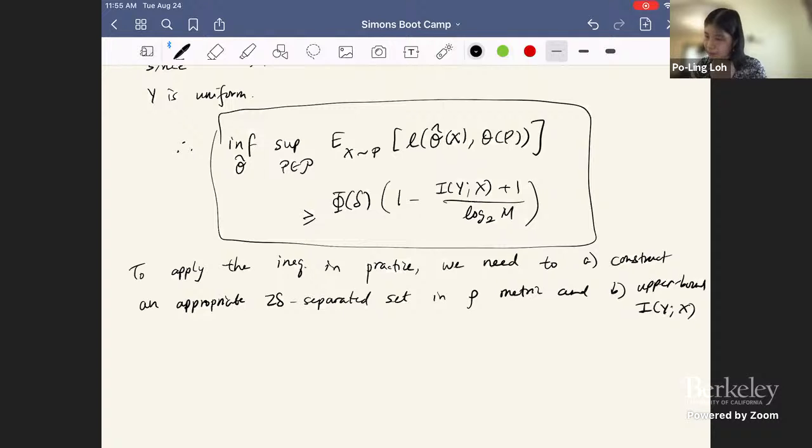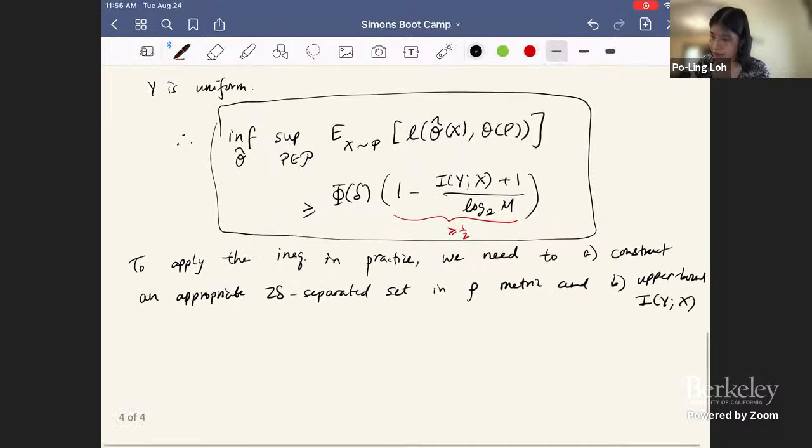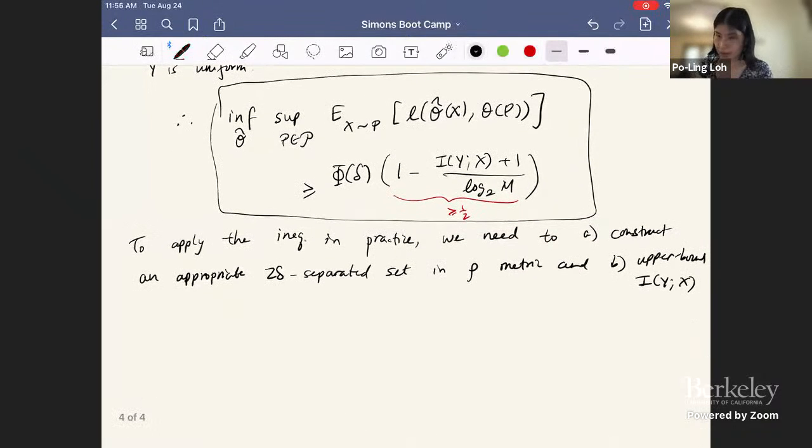So I'll say that at least in most of the applications, what you do is you try to lower bound this whole quantity here by 1/2, so that the rate that falls out is of the order of phi of delta. So if you want to lower bound this stuff by 1/2, then that means that you want to upper bound I of y, x. Okay. So let's now talk very briefly about how you usually upper bound I of y, x. So the next subtopic is bounds on mutual information.